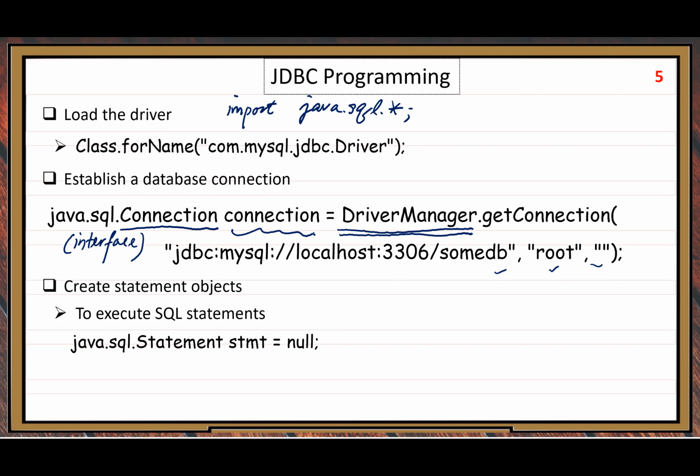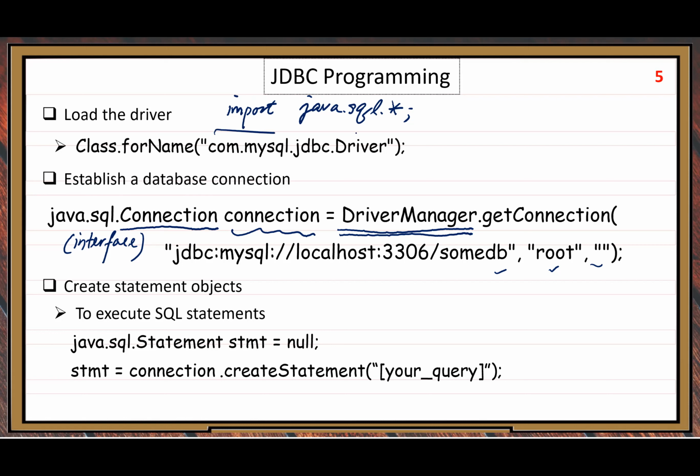Although you can put it in 1 line, here we have 2 lines. The first line is for declaration. If you import the package, you can skip the package part and use Statement directly.